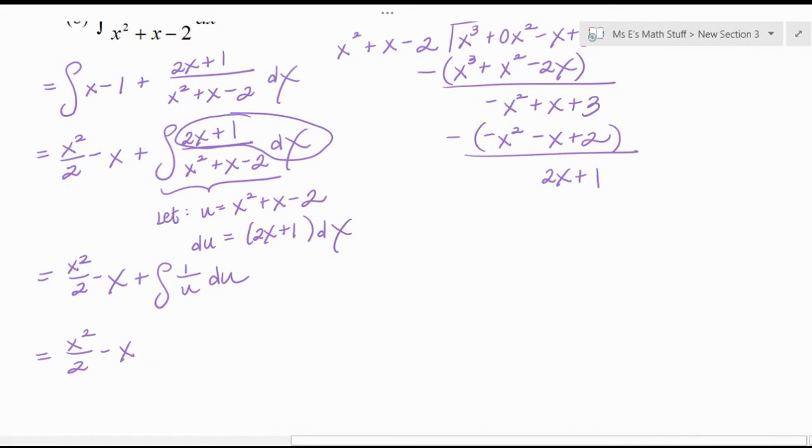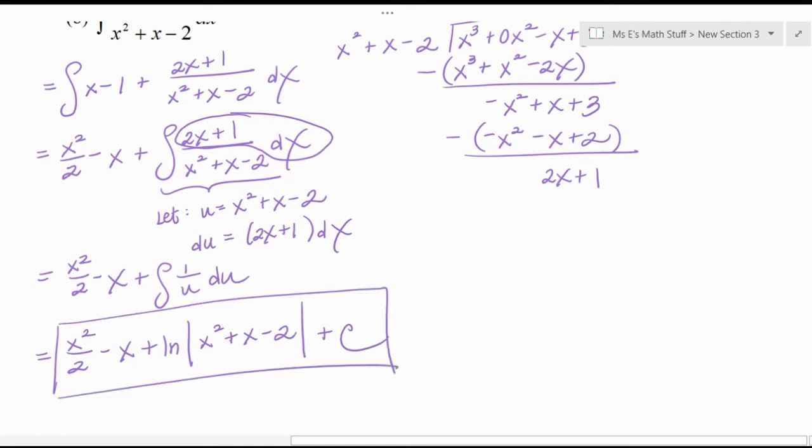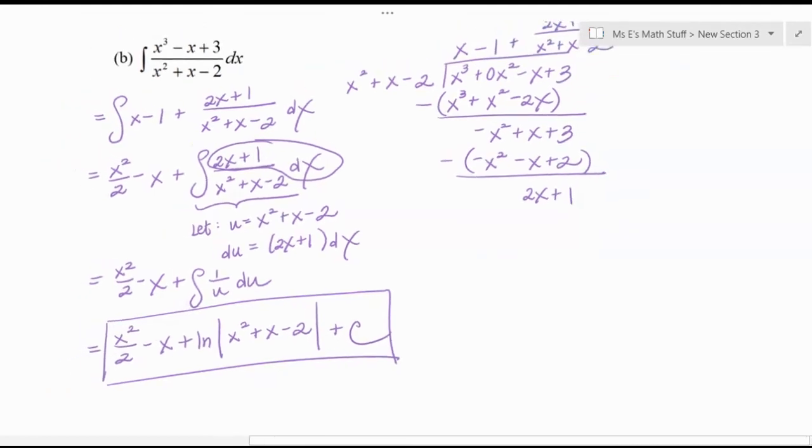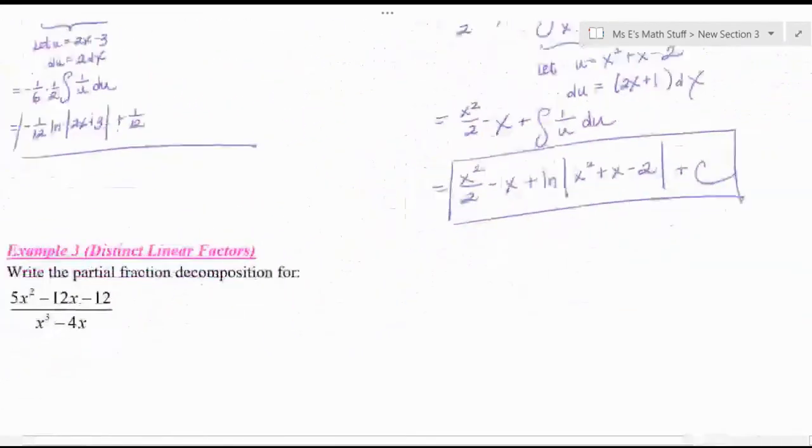But I really like this. Anyway, so plus the natural log of the absolute value of x squared plus x minus 2 plus c. Yay! There you go. All right, partial fraction decomposition dodged.